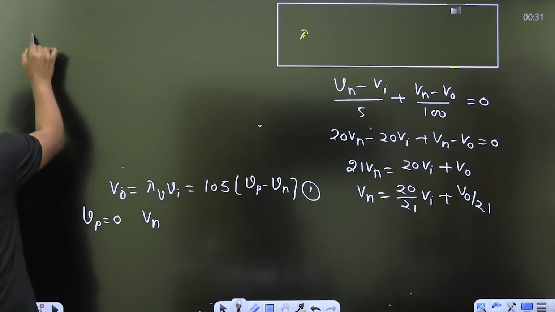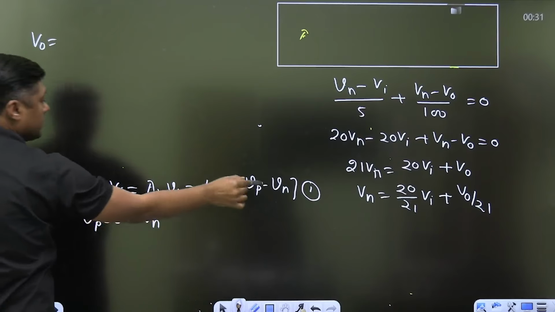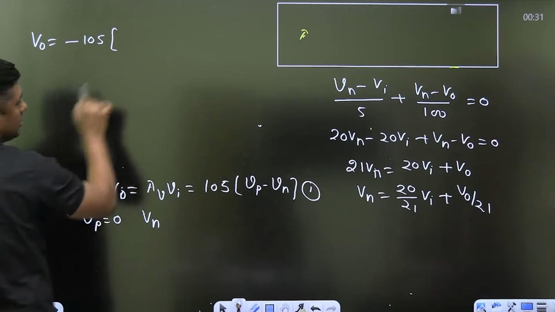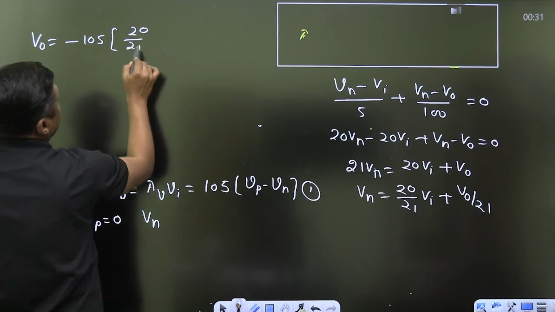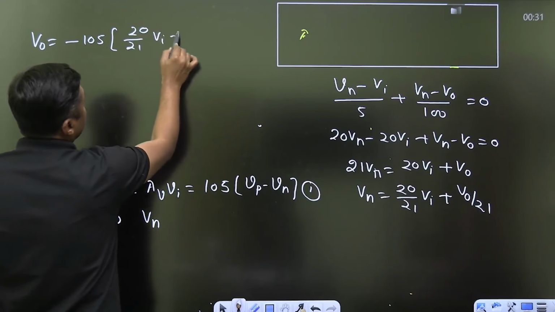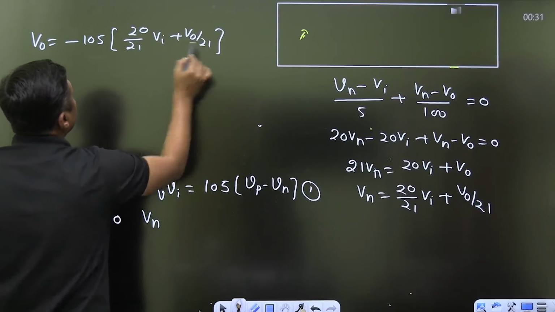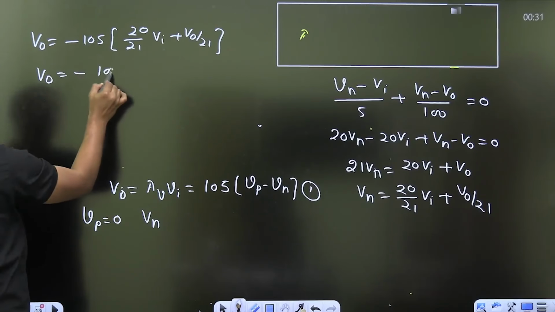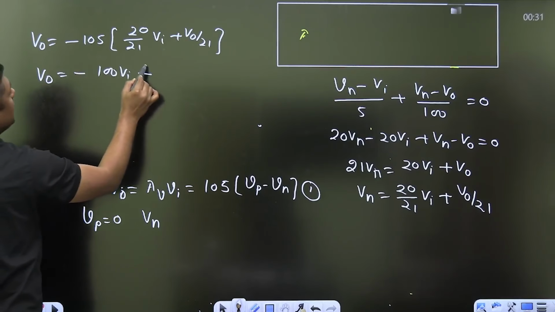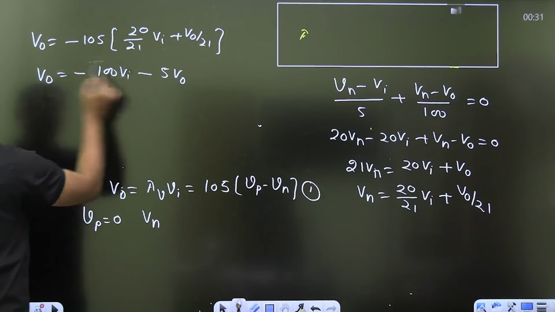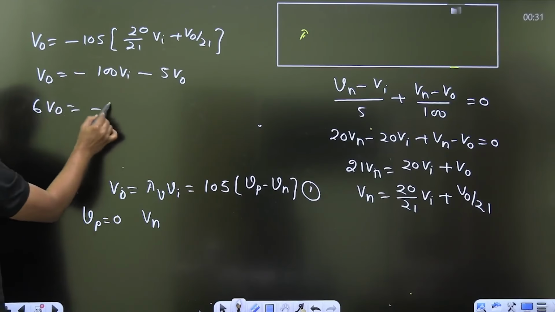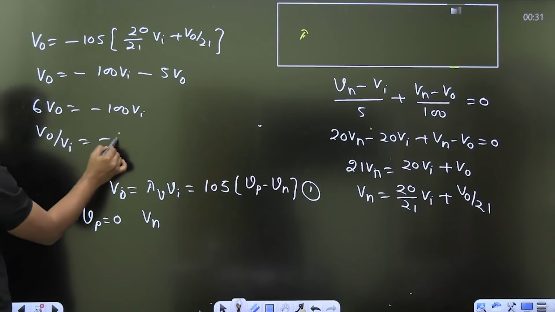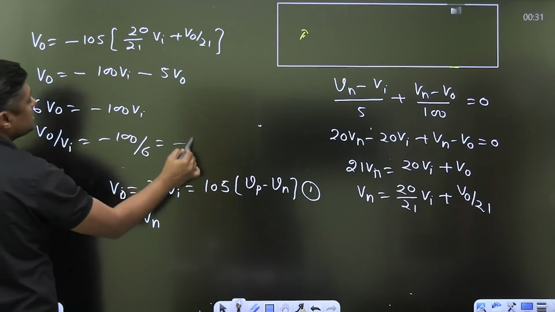Now what is the V0 is equal to, this is 0, so it will become minus 105 into the value of the VN. 20 by 21 VI plus V0 upon 21 multiply minus, this is the 5 into 100 VI plus minus 5 V0. That will become 6 V0 is equal to minus 100 VI. So what is the V0 upon VI, guys? Minus 100 by 6. That is minus 16.67.